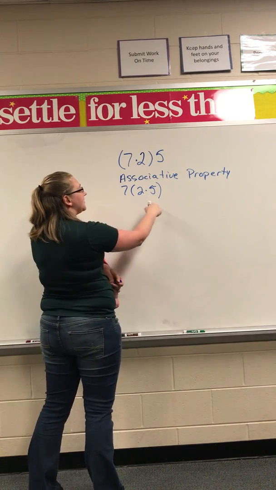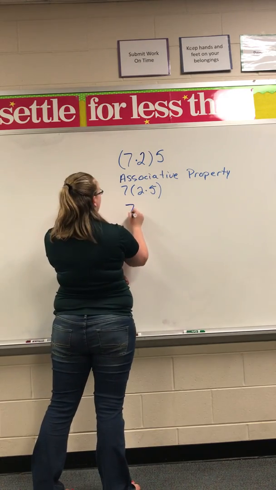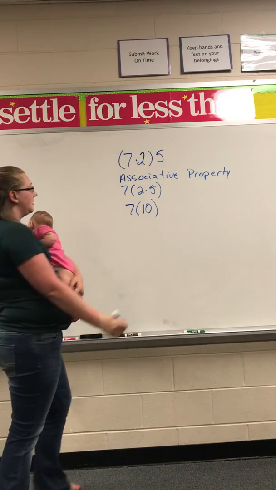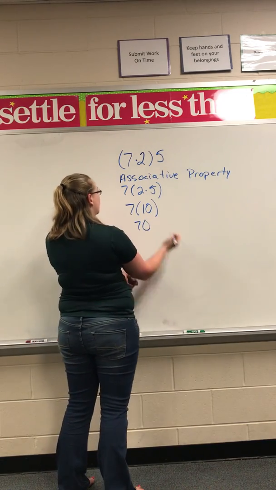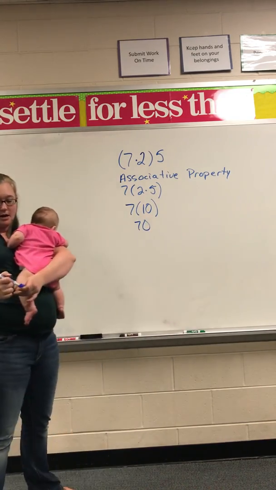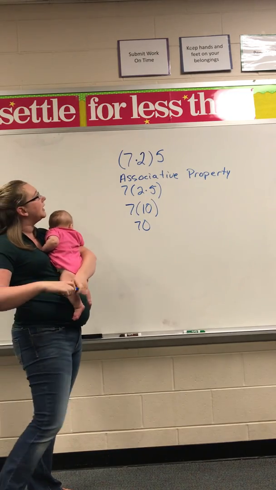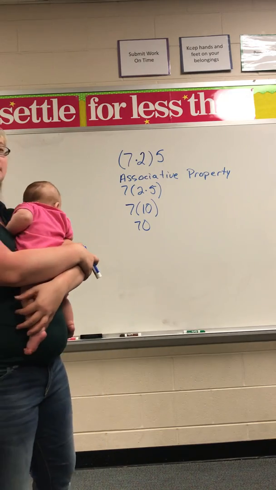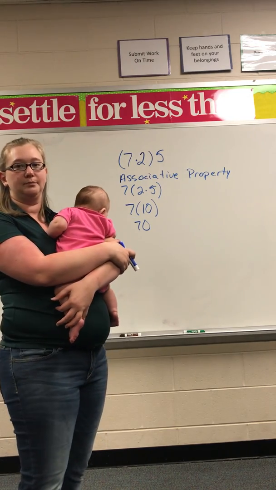Now, I know that 2 times 5 is 10. 7 times 10, so that's 70. If we put out a calculator, if we did it longhand, we would find that 14 times 5 also equals 70. However, that's a whole lot harder to do.